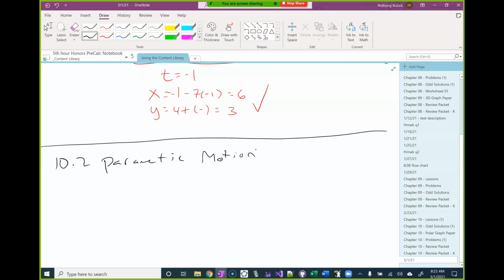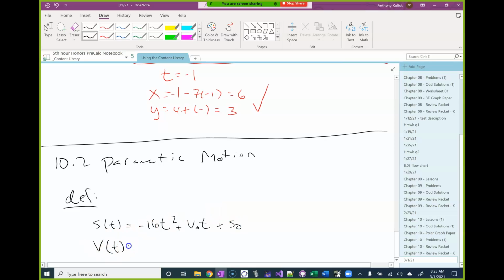So if we do this without a parameterization, we have a position equation in terms of time. A velocity equation in terms of time.